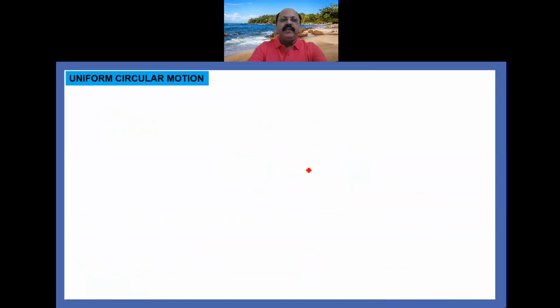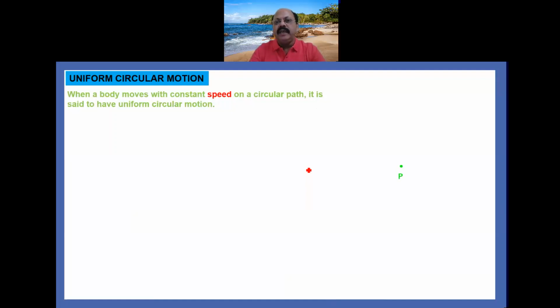So the next topic is now uniform circular motion. When a body moves with constant speed on a circular path, then it is said to have uniform circular motion. You can see here in the animated part, this dot is a body which is moving with constant speed on the circular path.